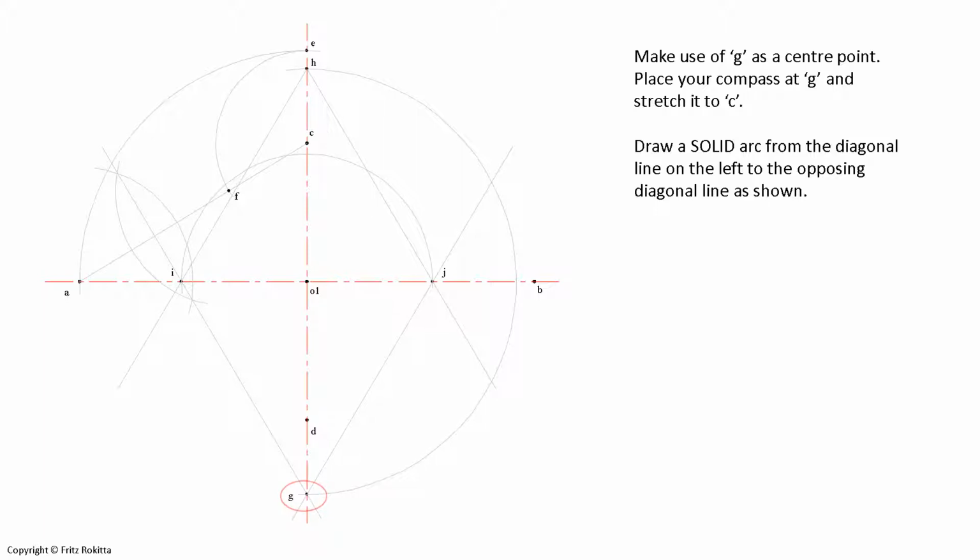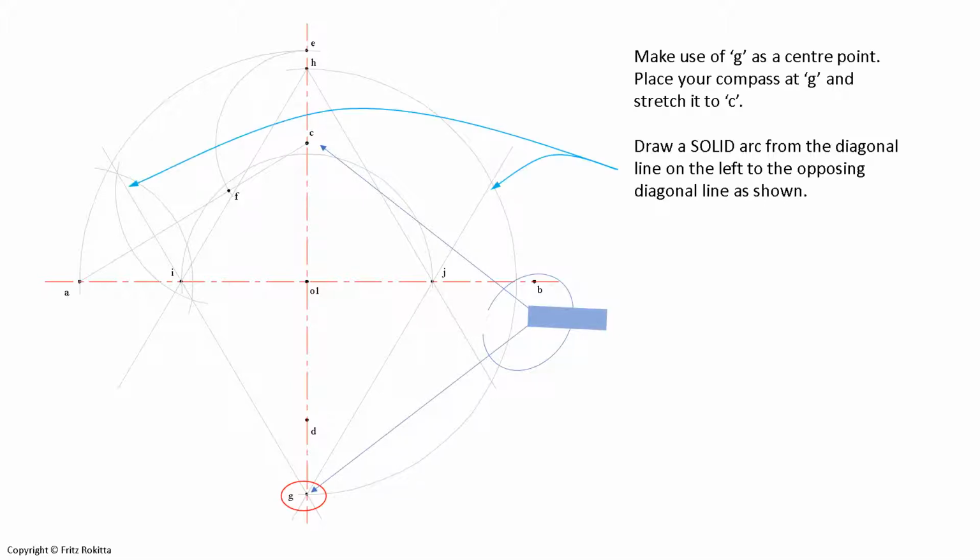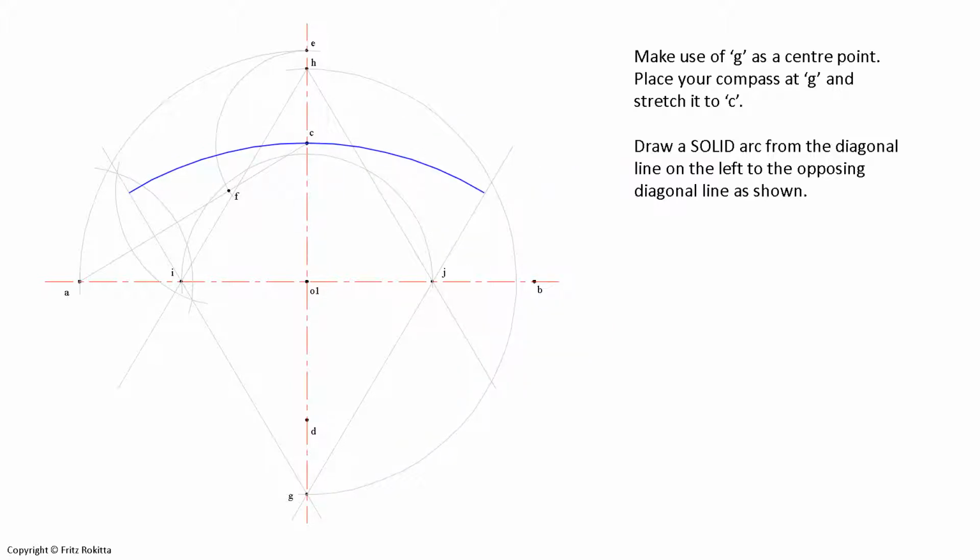Make sure that you place your compass on the minor axis at point G at the bottom and stretch your compass all the way to point C on the minor axis. And then we will draw an arc that is going to connect the two diagonal lines flowing from point G to the left and right. And that will be a solid arc that meets with the two diagonal lines we created earlier.